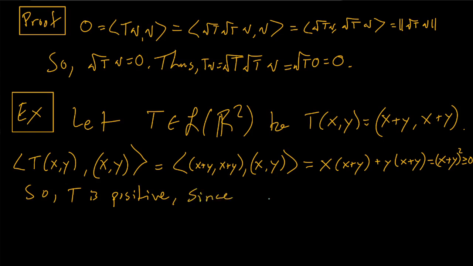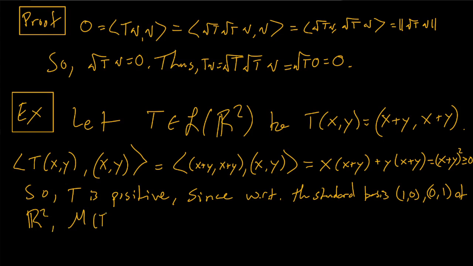I guess we should also show that T is self-adjoint. It is self-adjoint, since with regard to the standard basis (1, 0), (0, 1) of R2, the matrix of T is equal to, well, it's just 1, 1, 1, 1, right?